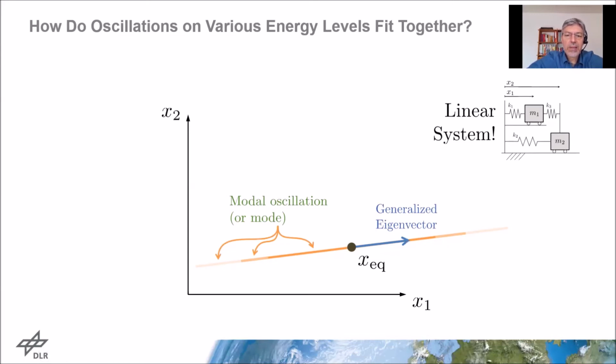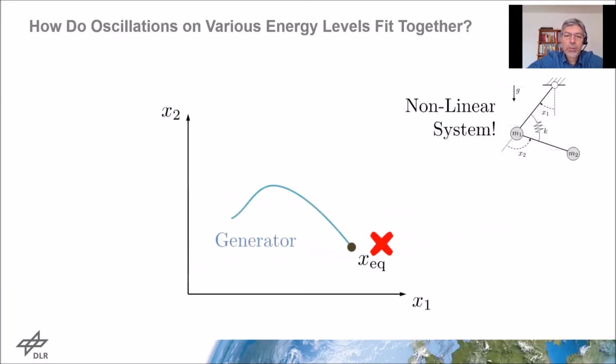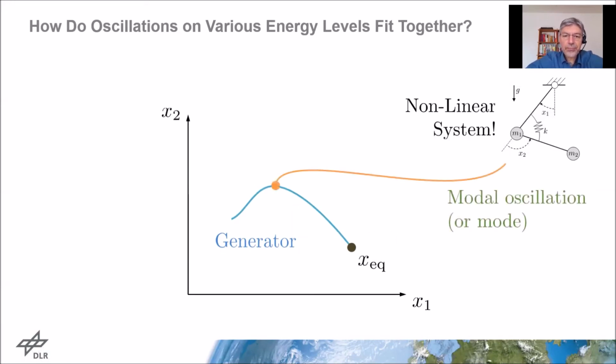But instead of having the direction of the oscillation along a generalized eigenvector, so on a straight line, what we introduced here is the notion of a generator. So a generator is a curve having the property that no matter what the energy level is, the nonlinear oscillation would always have one of its two ends on this generator.